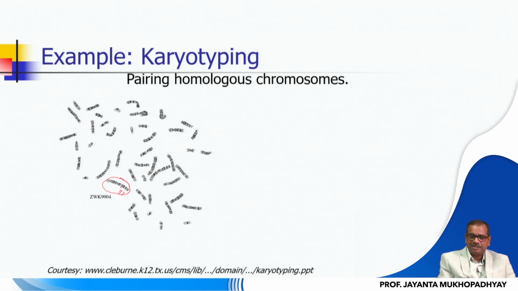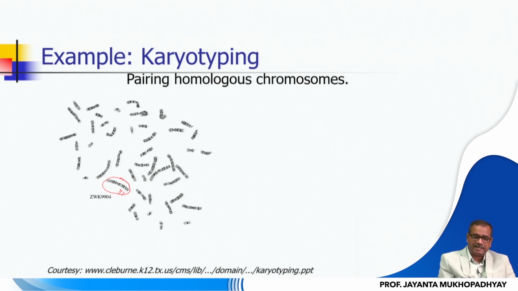But here it is still not in that stage. Since the ordering is not there, it is a mass and it is scattered in an arbitrary way. So one of the objectives is to identify each chromosome with the corresponding numbered chromosome in our understanding.